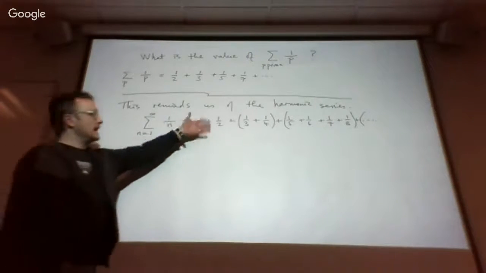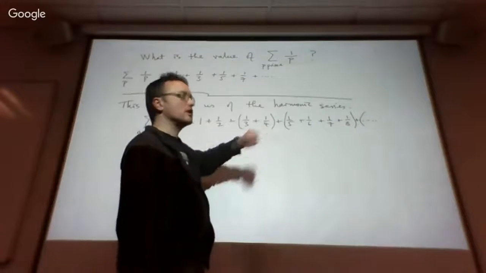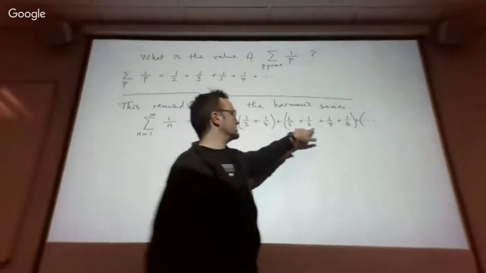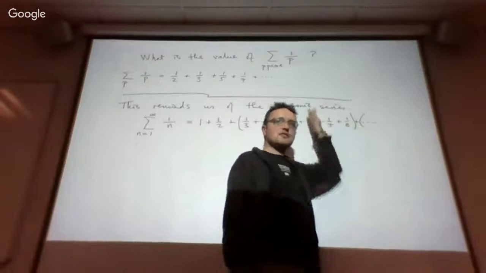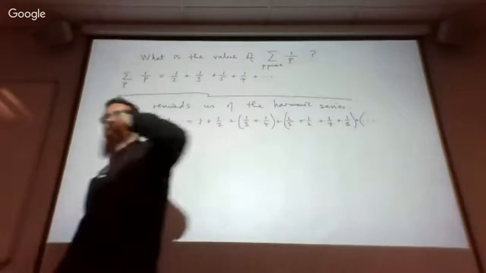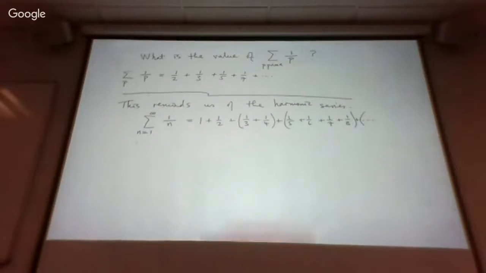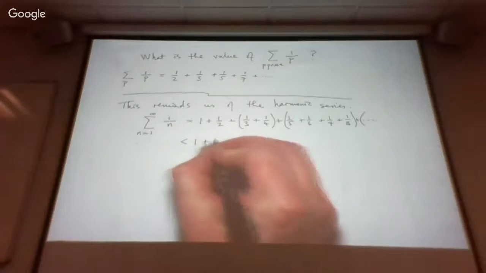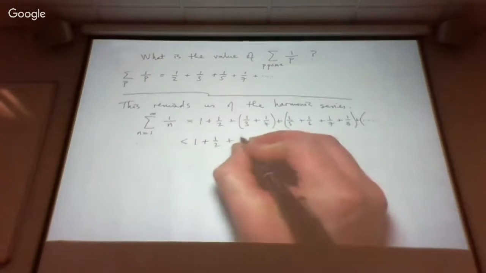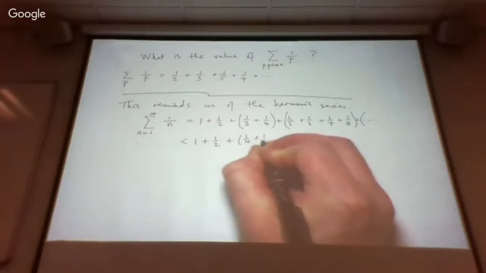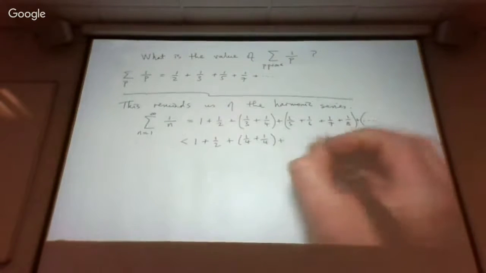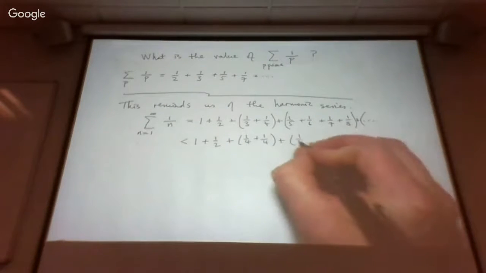Leave the first 1 and the 1/2 alone, then group together 1/3 and 1/4. That's 2 terms. Then group together the next 4 terms. Then the next 8 terms. Then the next 16 terms, and so on. And instead of 1/3, I'll replace the 1/3 with 1/4. And I'll replace each of the terms in the next bracket with 1/8.